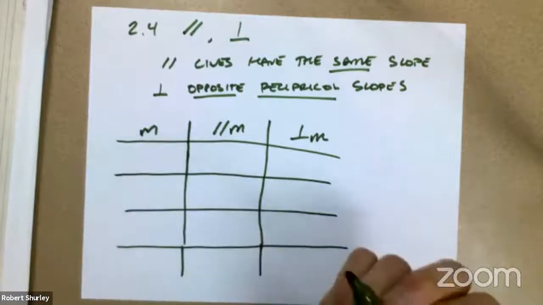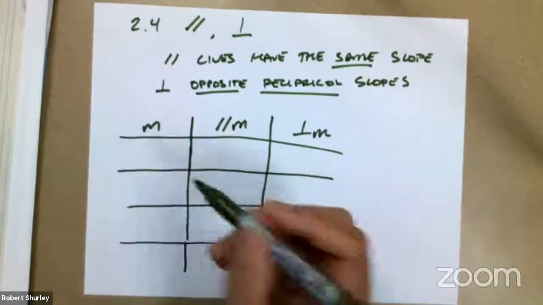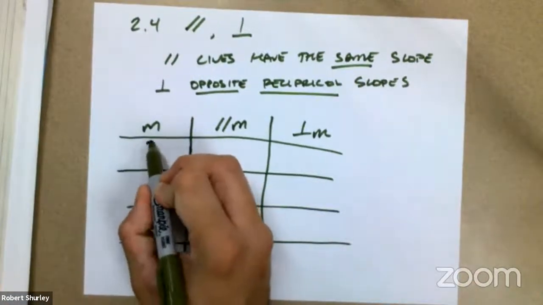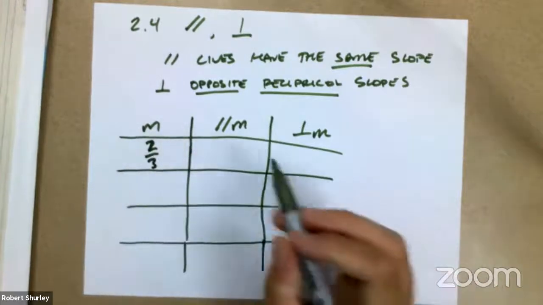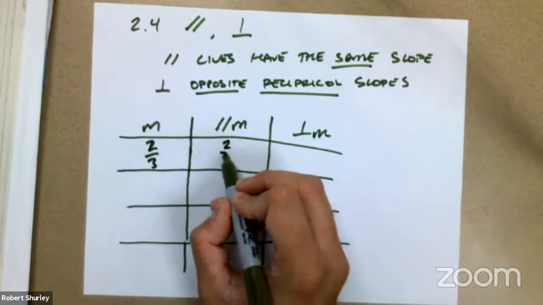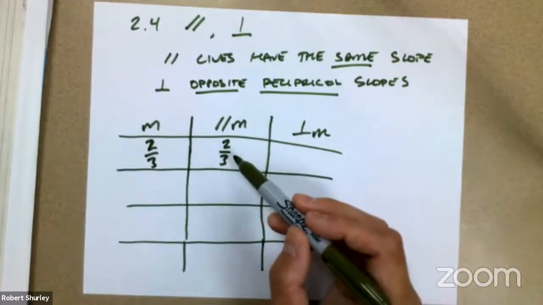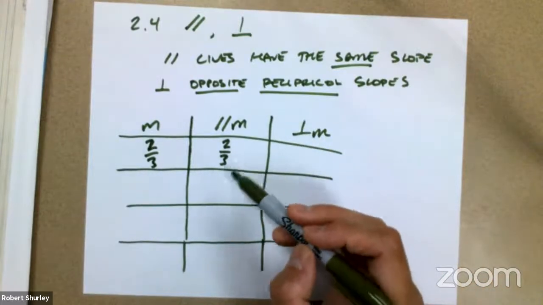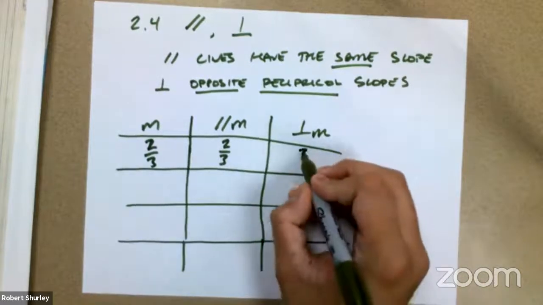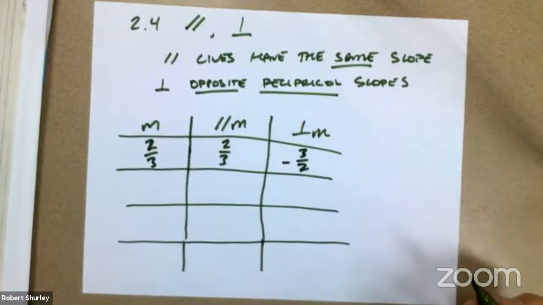So let's say we know a slope is like 2/3. Well, we know the parallel slope's going to be the exact same. Nothing changes. The perpendicular, though, as a fraction, you're going to flip it and change the sign. So this becomes -3/2. Flip it, change the sign. Pretty straightforward. Not a big deal.